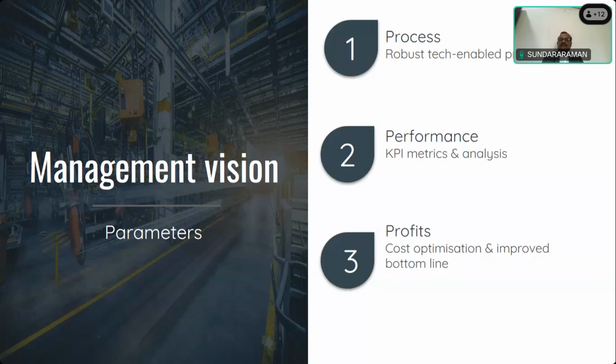Any organization wants to optimize the cost, improve the profit, and improve the productivity with a system-driven approach and a process-driven approach. And the people-driven approach is going to enable you to improve the productivity. In that case, digital supply chain is definitely going to be a very important factor. And going forward, without having a robust system in place, I'm sure it is very difficult to go to the next level of iteration. Right?